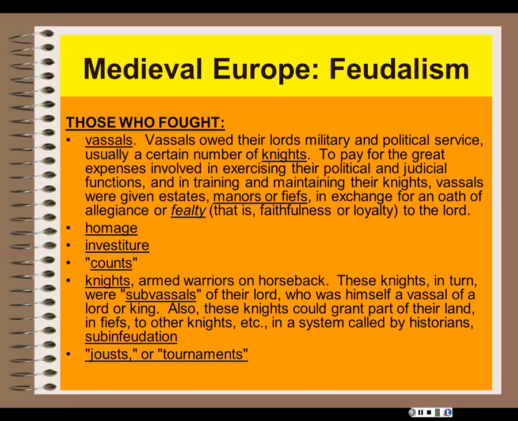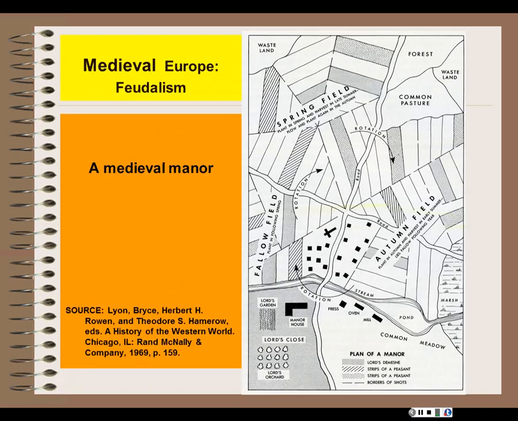You'd have numerous levels of things happening here. And many of those vassals were commonly called counts, and you're going to get all kinds of other things here. And you can talk all you want about knights and their jousts and tournaments and all of that.